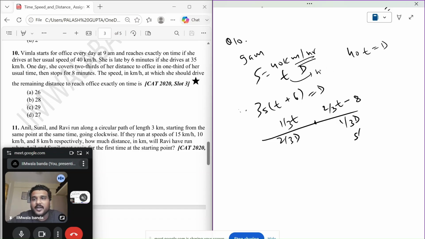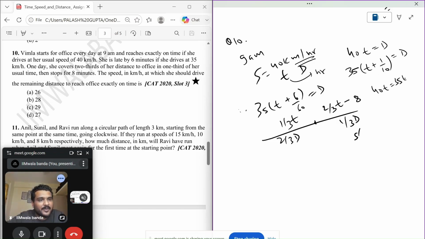You have to assume one thing. Second, when she's going at 35 kilometers per hour, you have to convert so that this also becomes hours. So T plus 6 by 60, which is 1 by 10. This also was D. So from here we can easily calculate time.